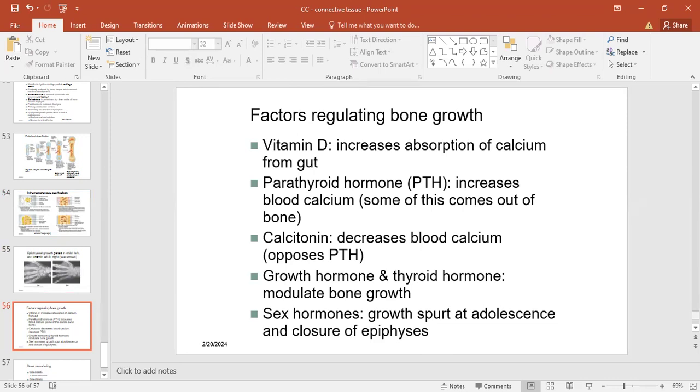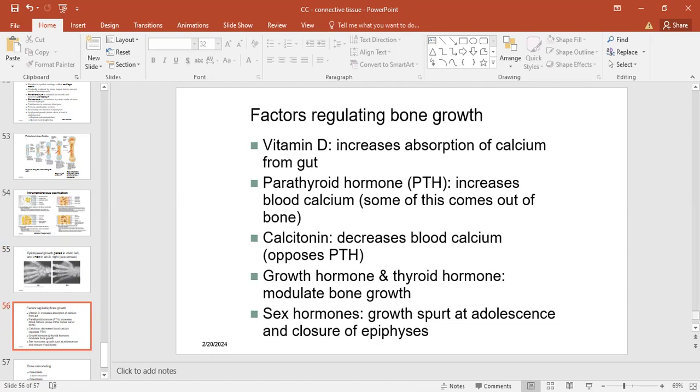And then we have parathormone, which is a hormone from the parathyroid glands. We said that parathormone and calcitonin are antagonistic towards each other, meaning they do the opposite.